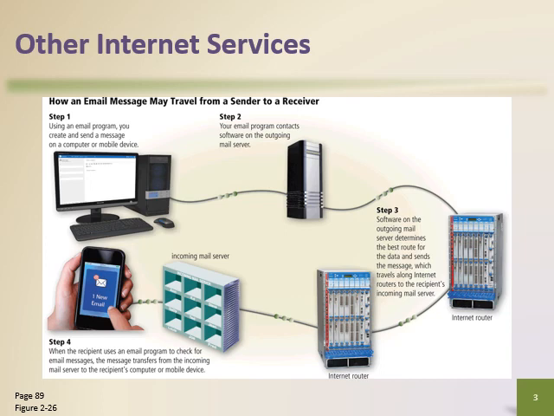Your router will connect to the other router, and the other router will communicate with the incoming mail server, and then when you open up your email program, you will receive the email.